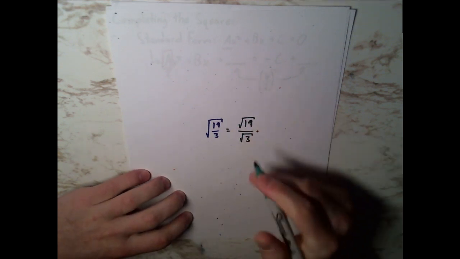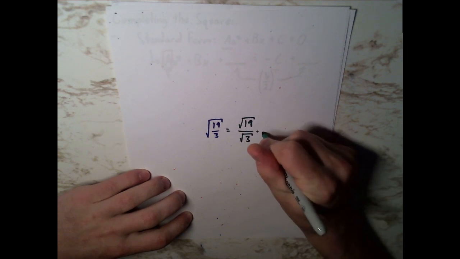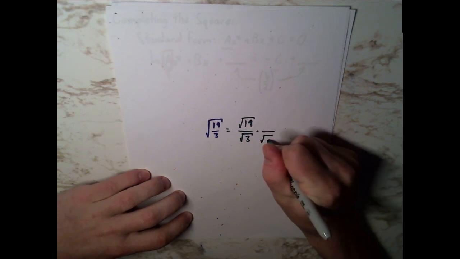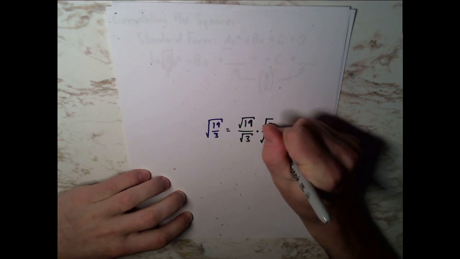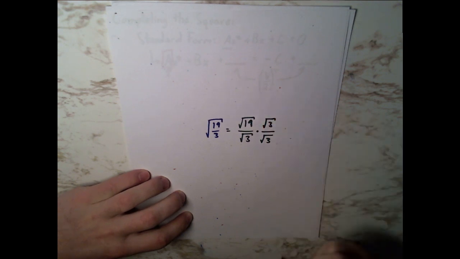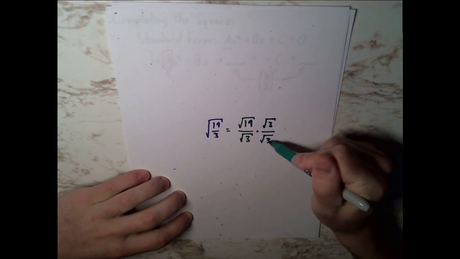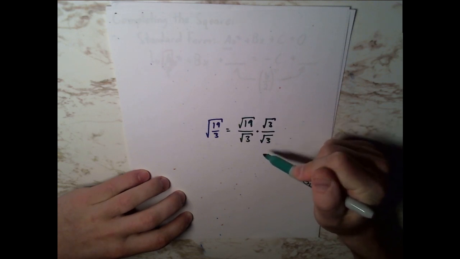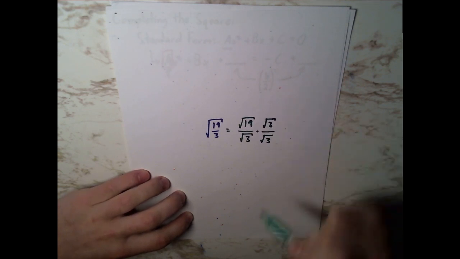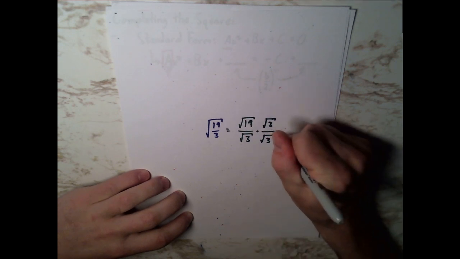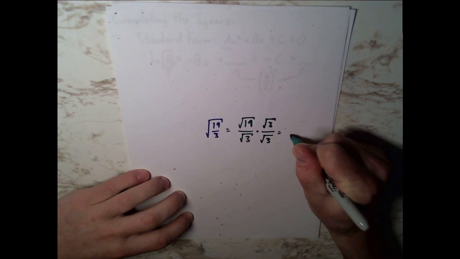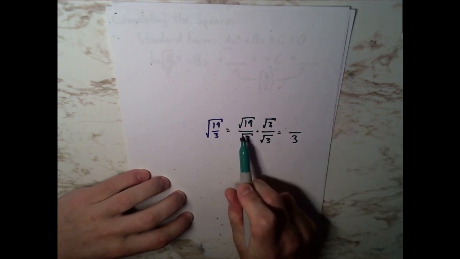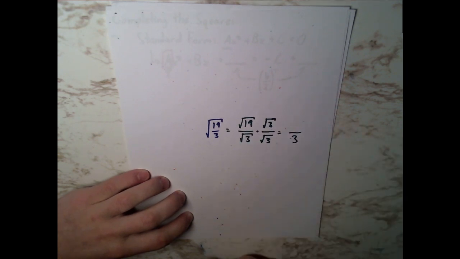And in order to get rid of the square root in our denominator, we're just going to multiply it by the square root of 3 over the square root of 3. So this term here is just a 1, but it's 1 written as root 3 over root 3. And what we're left with is root 3 times root 3 will give us just 3, and then root 19 times root 3.